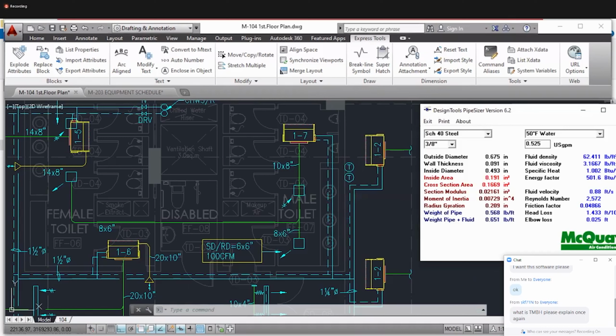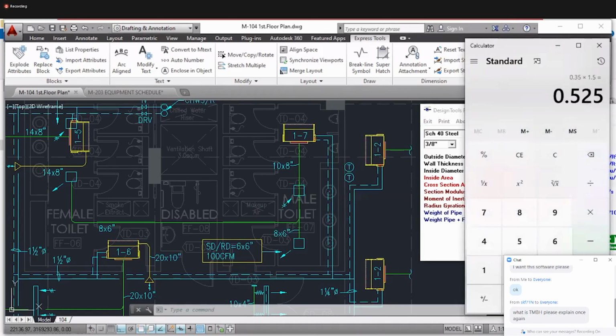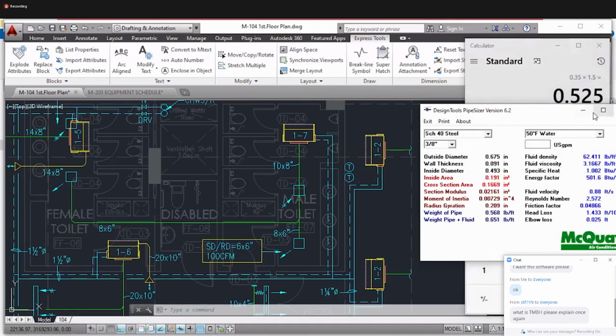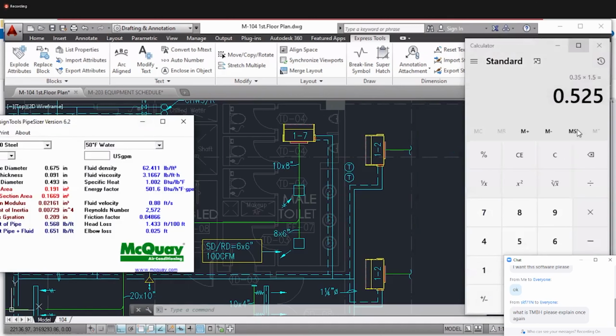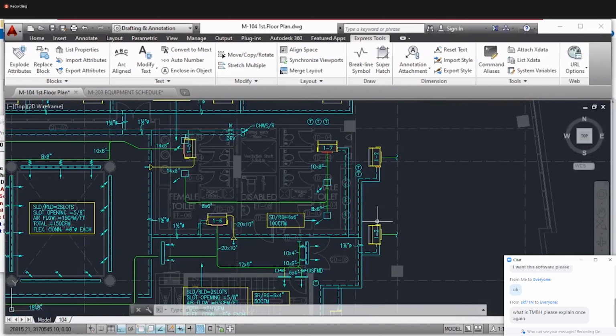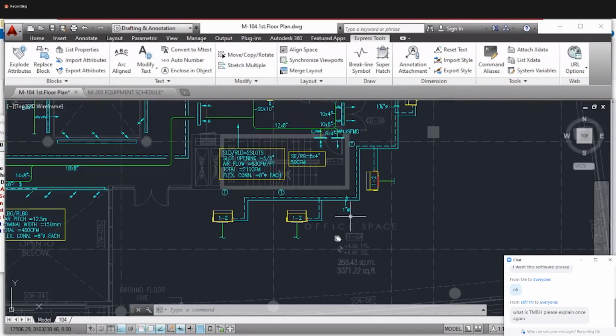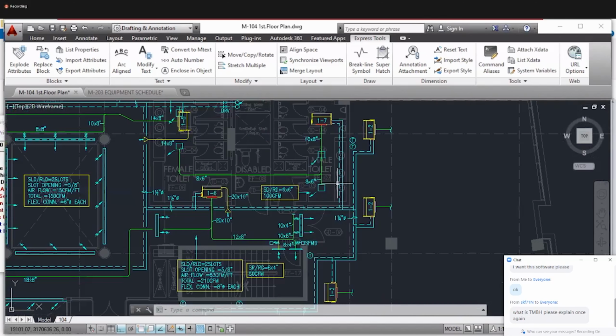And what is the GPM? 0.525. Just remember 0.525 and 2.675. 2.675 was for this machine, the 5 machines, and 0.525 for this machine.